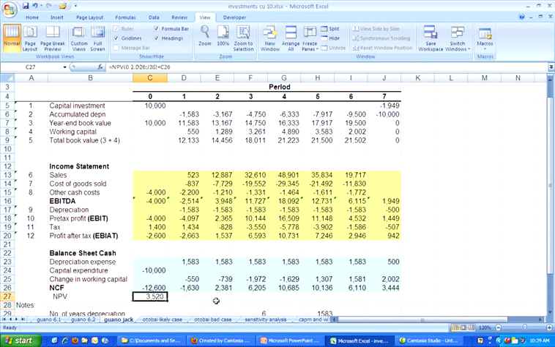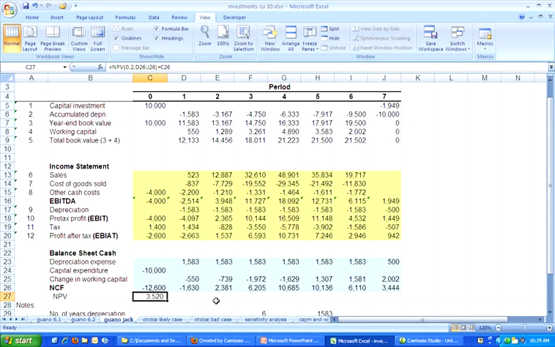The project generates an NPV of about $3.5 million. We would interpret this result as indicating that the project increases the value of the IM&C firm.